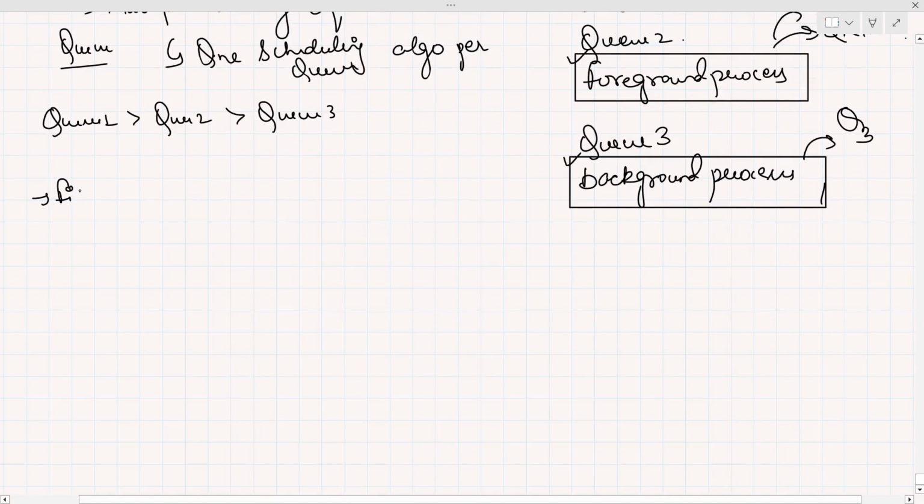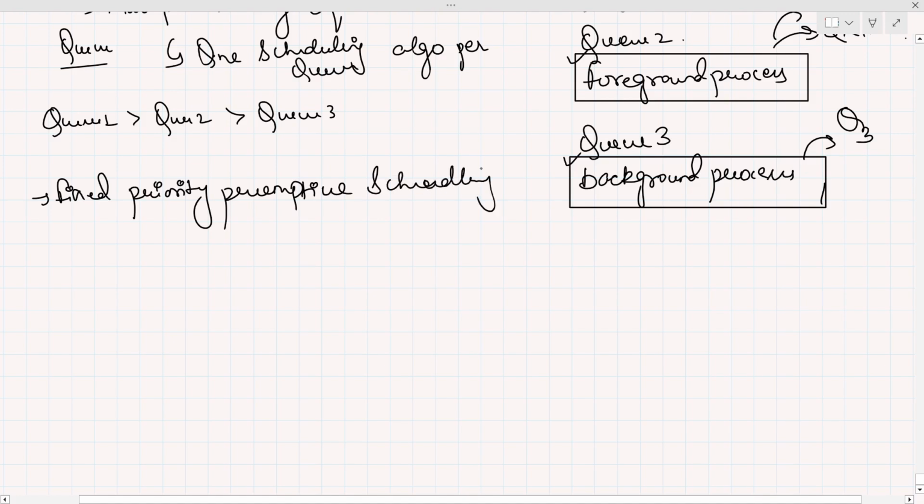It means that every queue's priority is fixed, because priority is basically of two types, static and dynamic. In this scheduling algorithm, the priority is fixed.